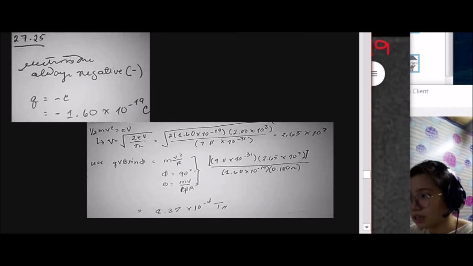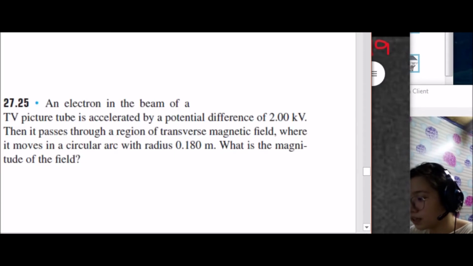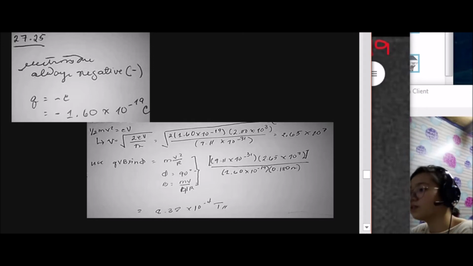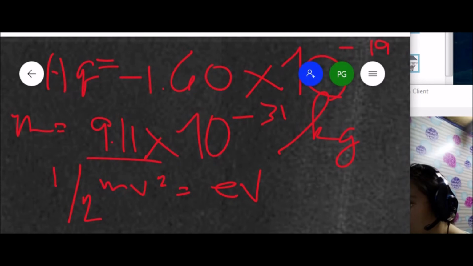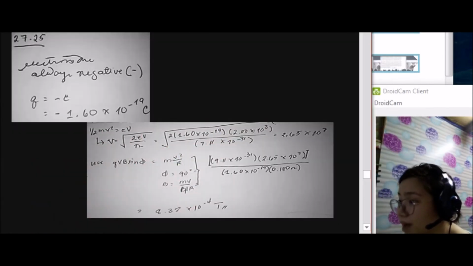That's negative 1.6 times 10 to the negative 19, times the V, which is 2.00 kilovolts, so times 10 to the 3, over the mass, 9.11 times 10 to the negative 31 kilograms.